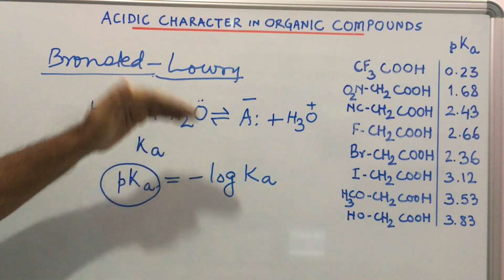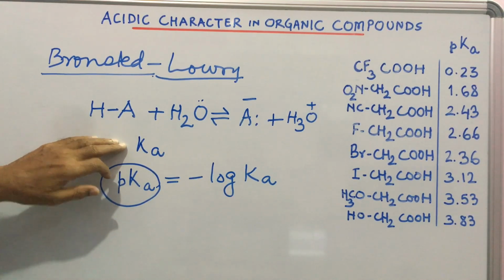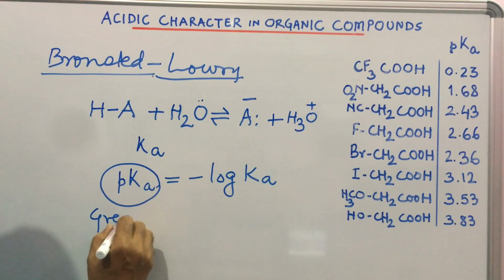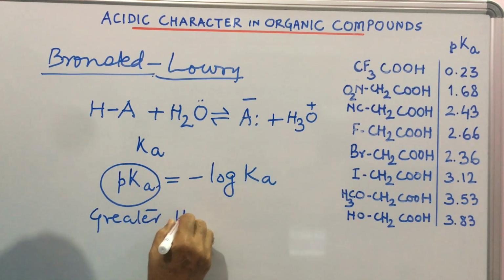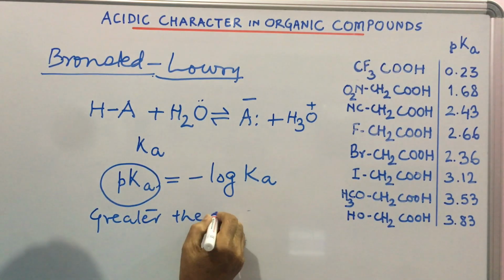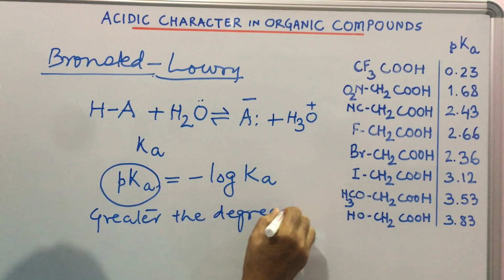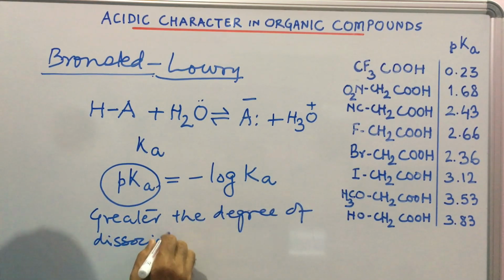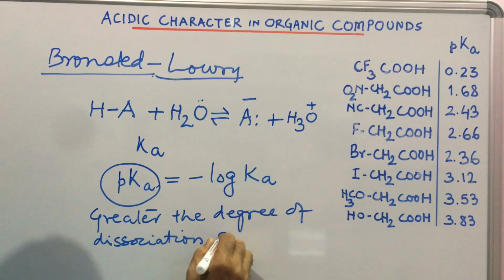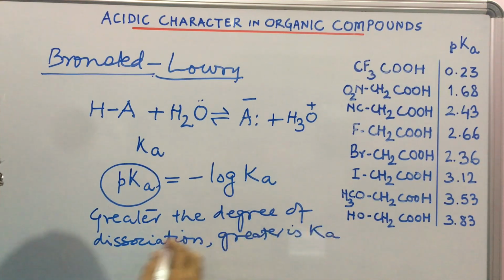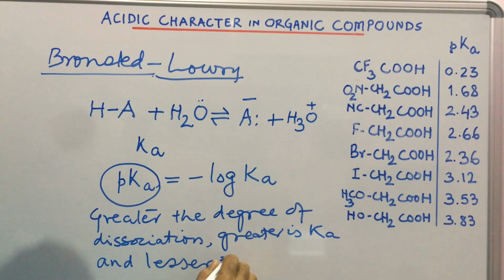Greater the dissociation, more is the value of Ka, but this is reversed. Greater the degree of dissociation or ionization, greater is Ka and lesser the pKa.